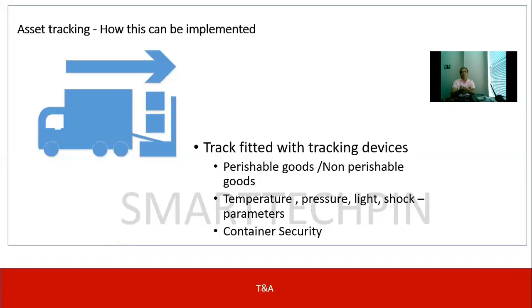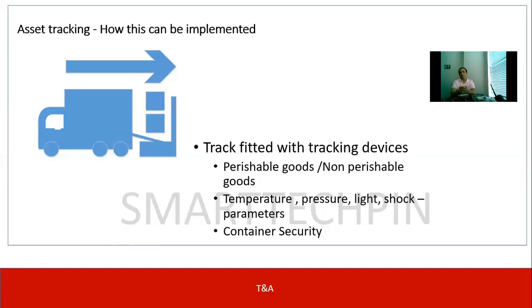The fleet management team will get an alert, and they will call up the driver and ask why there is an alert showing that the container door is opened or someone is trying to open it. So this way you can track.